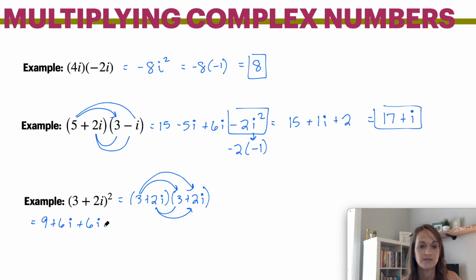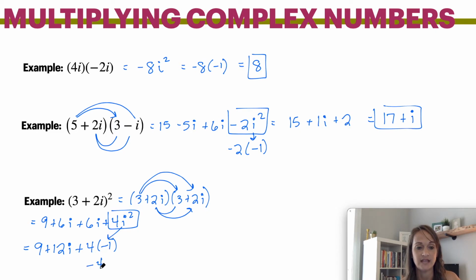And then 2i times 2i is going to give you 4i squared. 6i and 6i give you 12i, but we're going to simplify the 4i squared. i squared is actually the number negative 1. 4 times negative 1 is negative 4, and you can combine 9 and negative 4 to give you positive 5 plus 12i.